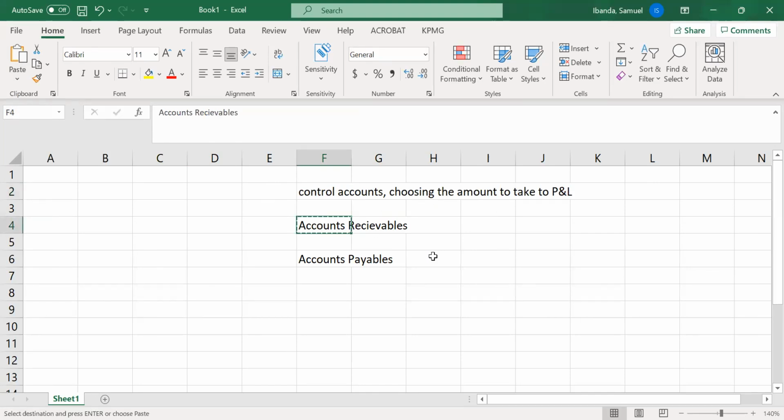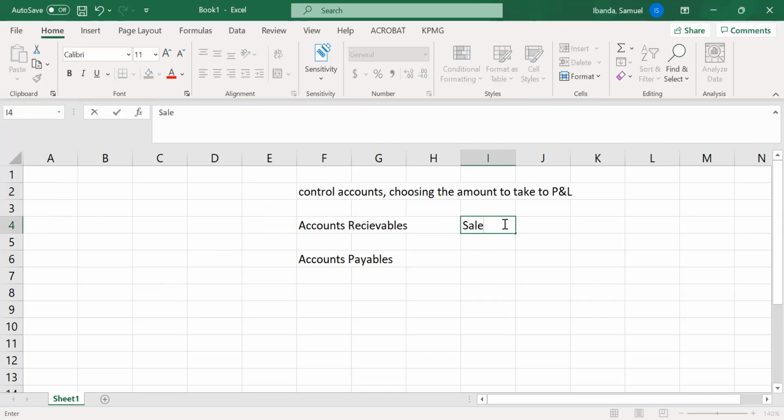And my comment was that when it comes to contra accounts, they are either for accounts receivable or accounts payable. A contra account for accounts receivable can sometimes be called a sales ledger contra account, or it can actually be called a debtors contra account, whatever name they may call it.